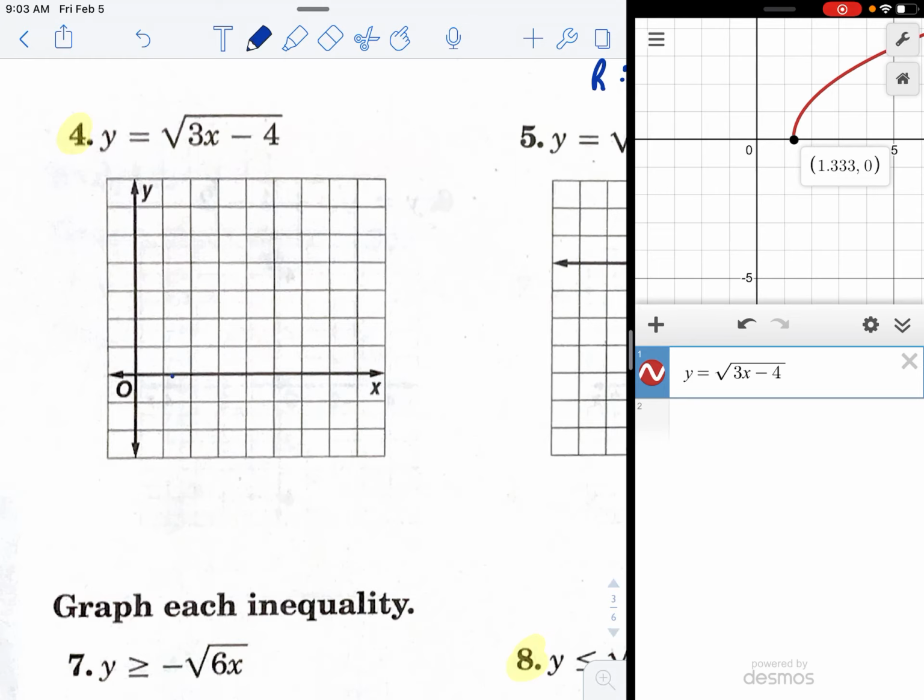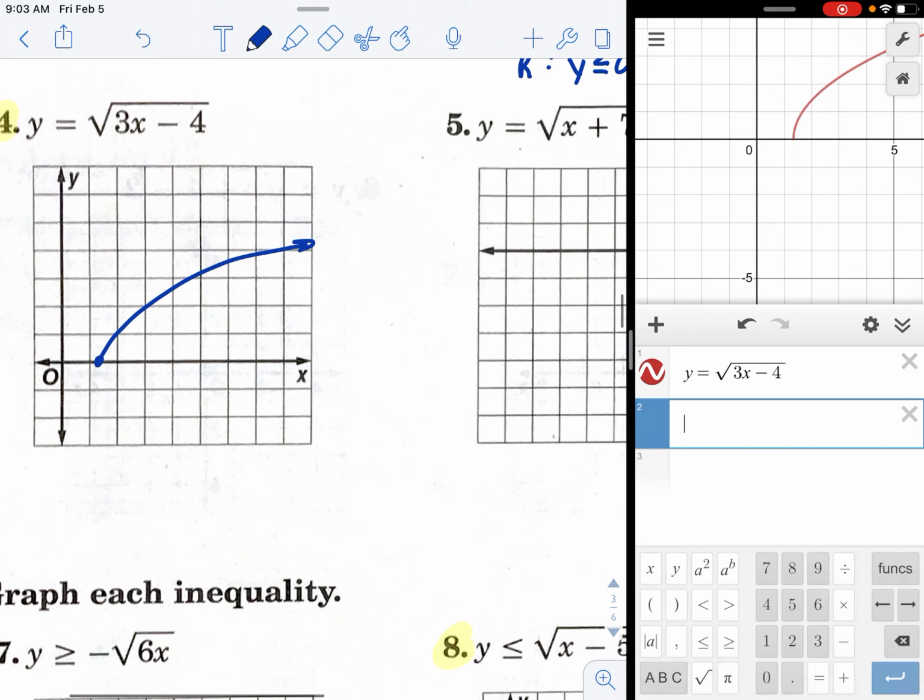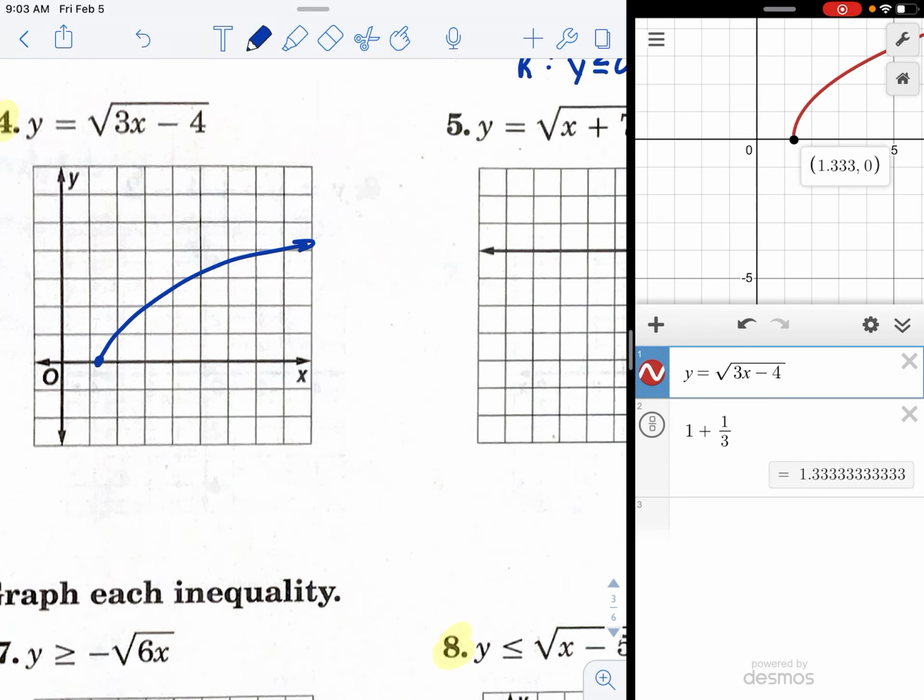It's good to have some basic working knowledge about decimals and fractions. 1.333 repeating is the same thing as 1 and 1/3. So on Desmos I have to type 1 plus 1/3, and you see you get that. Now I know that there's only 3 3s there. It doesn't go on forever, but it gets rounded off. Desmos would round that off.